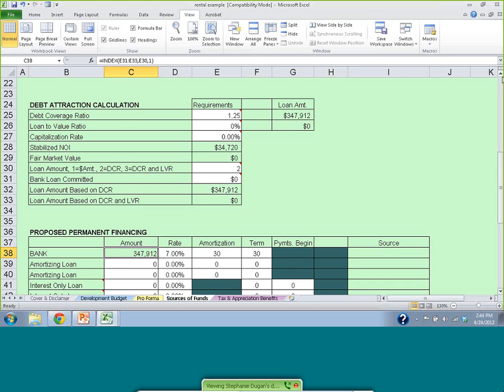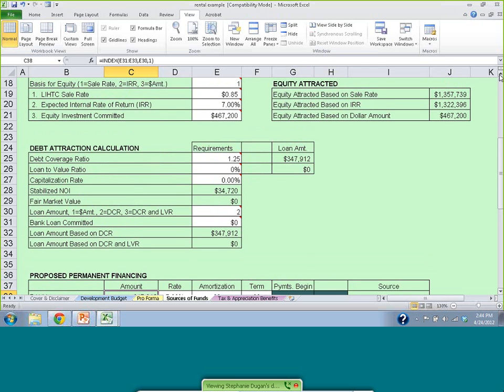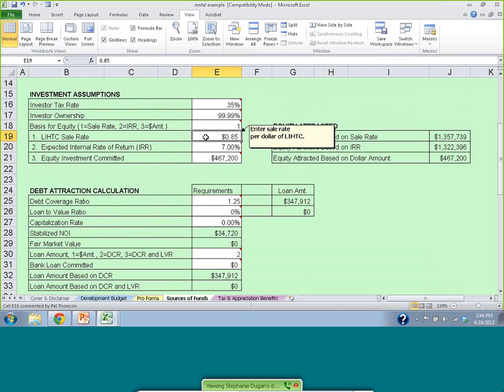If we want to finance this project now that we've got affordable rents with tax credits, we can input here a sale rate of 85 cents to attract equity, and we can see that our equity based on that sale rate is $1,357,000.